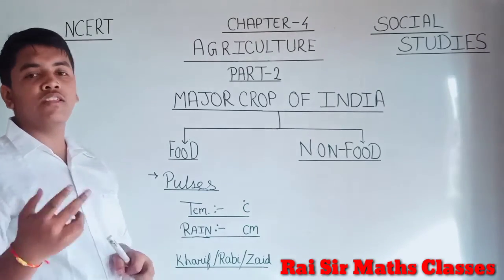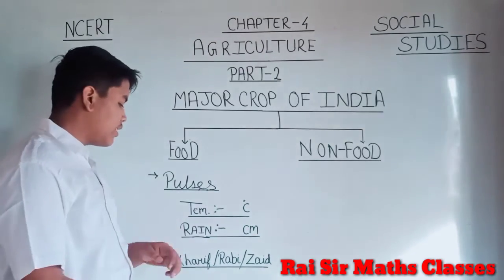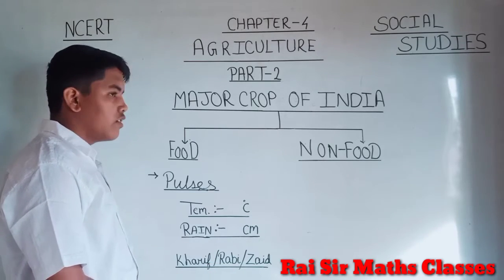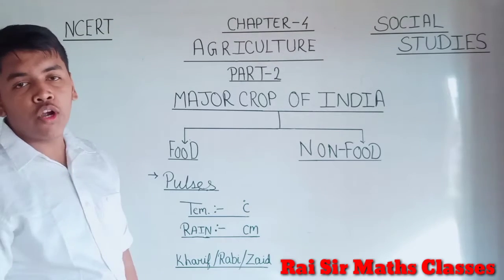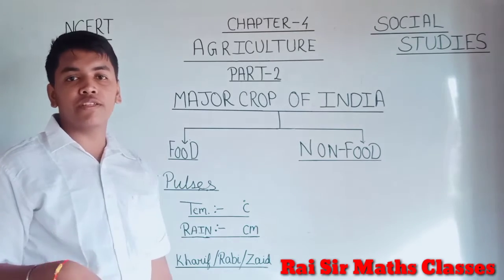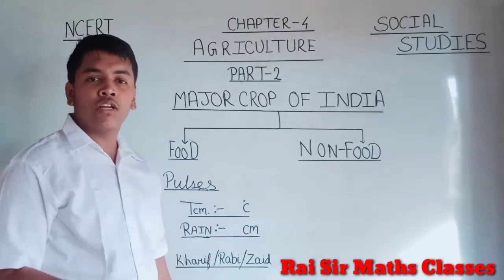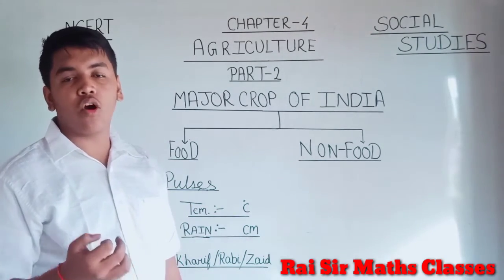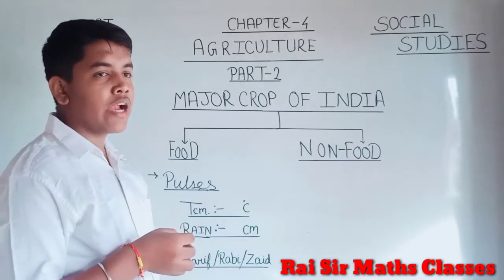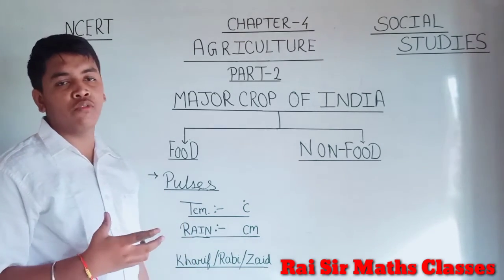So they can be grown in either the Kharif season or the Rabi season. But if we provide more water and give less temperature, the pulse quality will also increase and make more profit for the farmers.